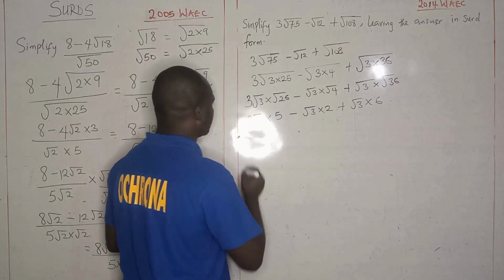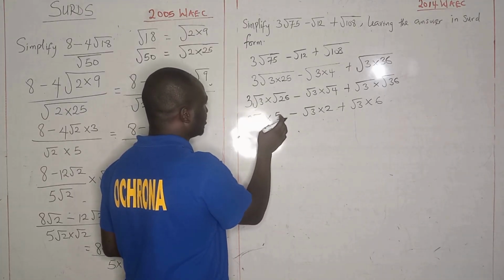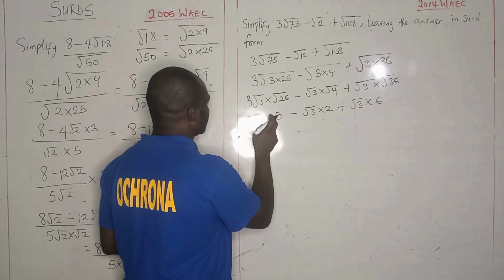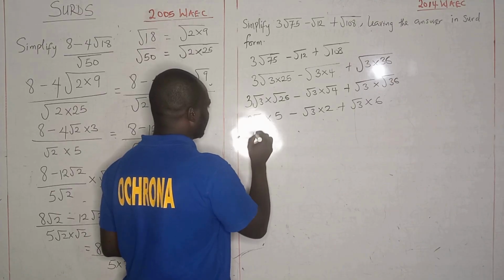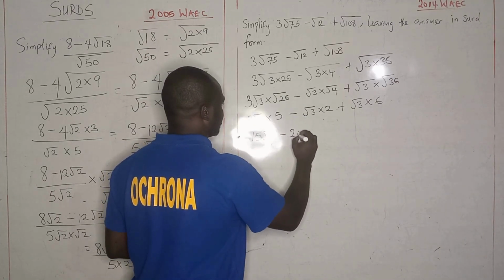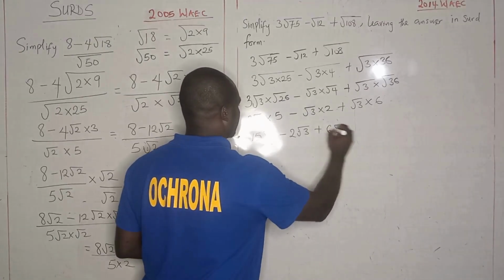Now, remember, the number without root will multiply the number outside the root. That means 5 times 3, that means 15 root 3 minus 2 root 3 plus 6 root 3.